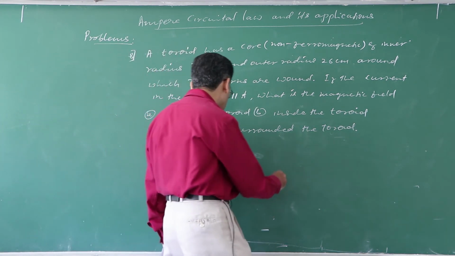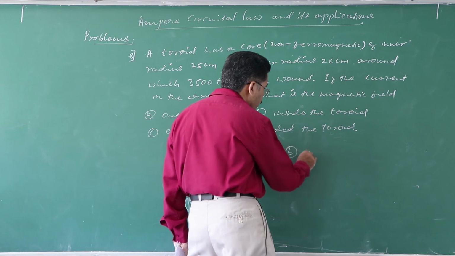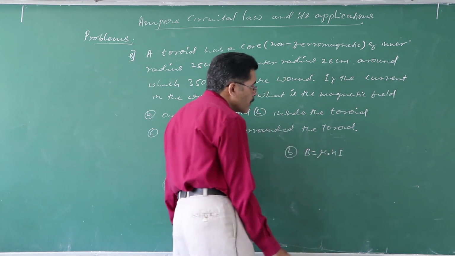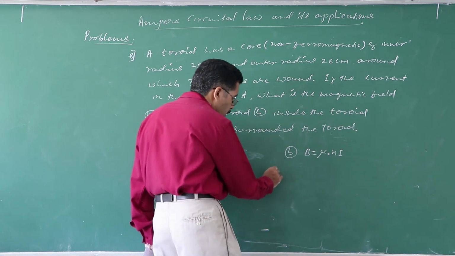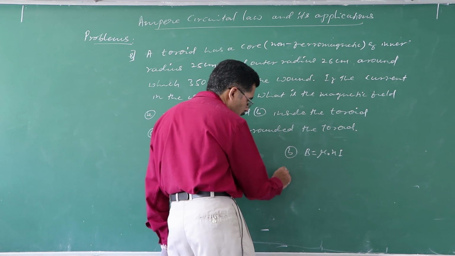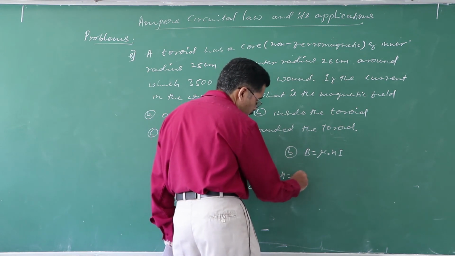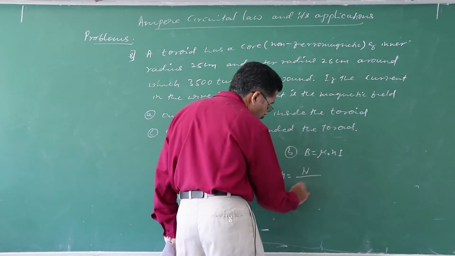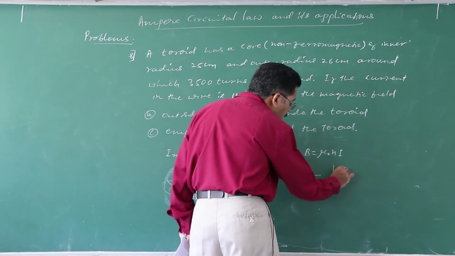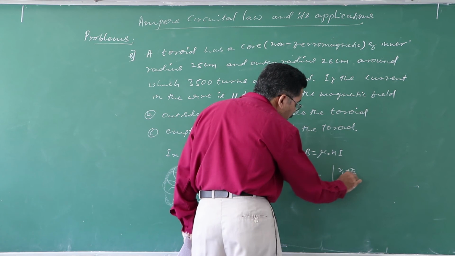And let me take B. B is equal to mu naught N i. See, here what is N? N can be found by considering total number of turns divided by 2 pi into R1 plus R2 divided by 2.